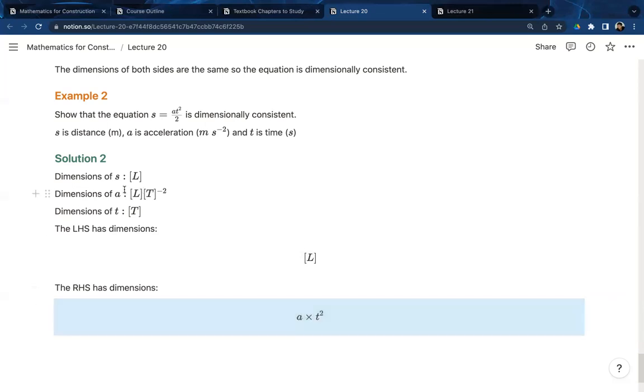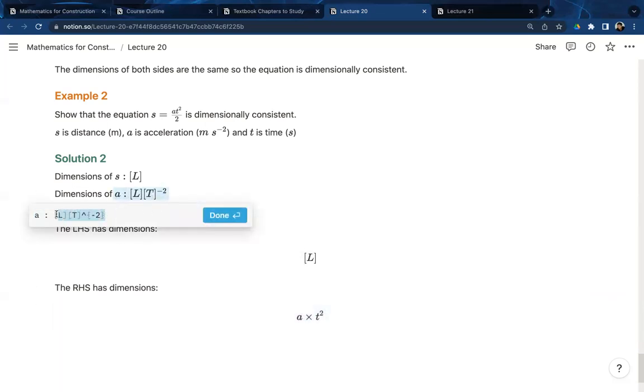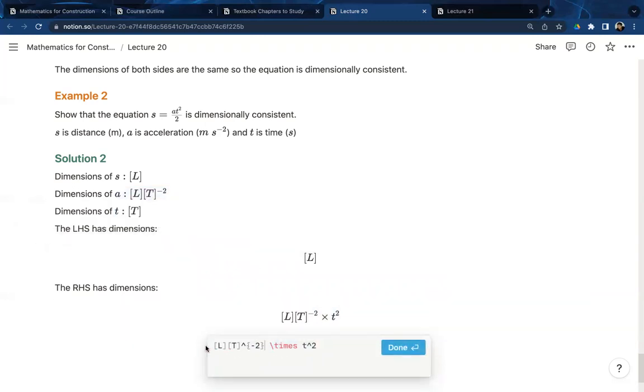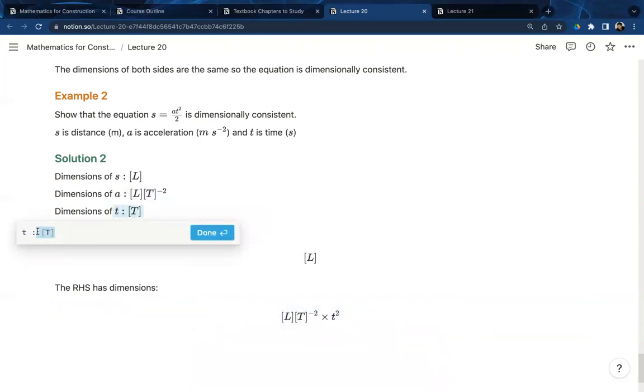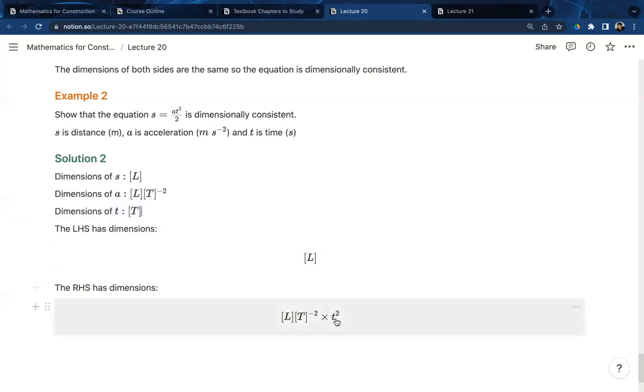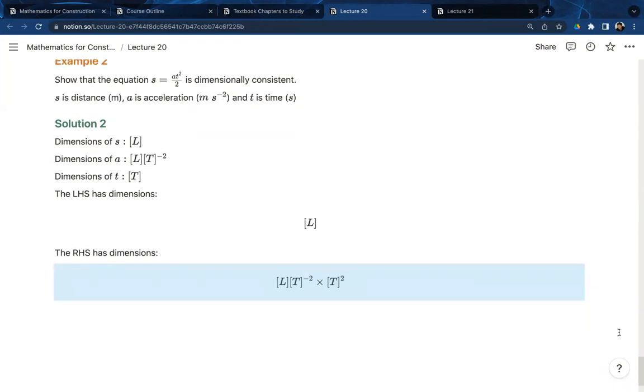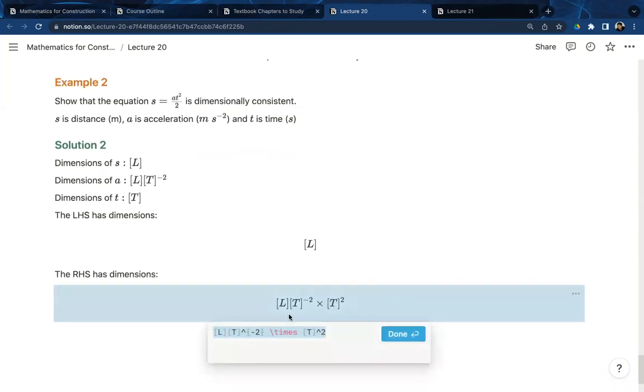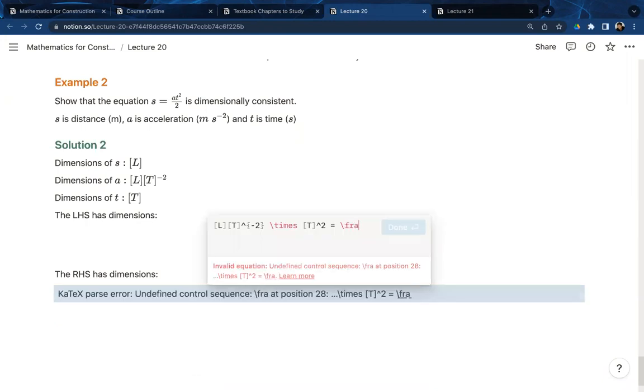So we substitute for the A here. That is the A here, right? Times t squared. So what's the dimension of t? Turns out to be capital T. Like that, right? So our right-hand side has these dimensions. So you just want to simplify this here. What is this? L t to the minus 2, the t is raised to the power minus 2, right?